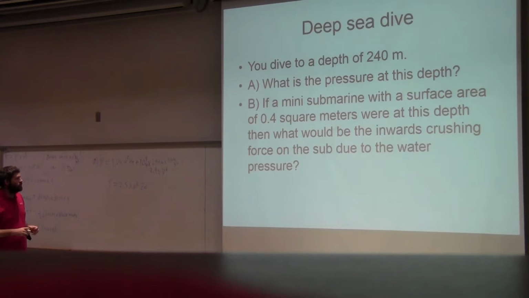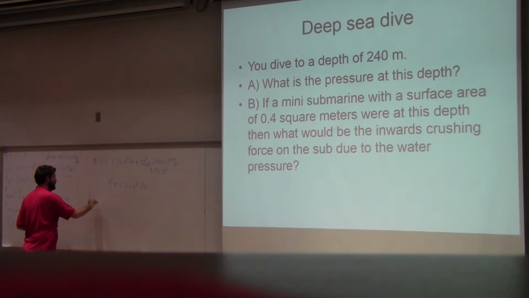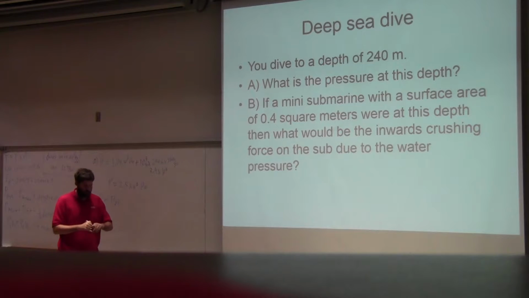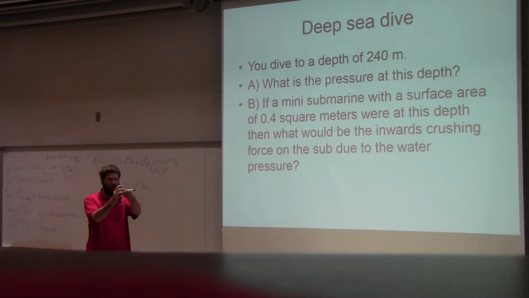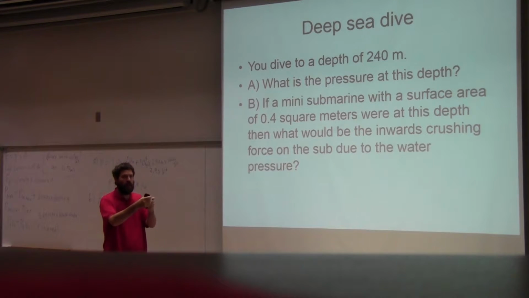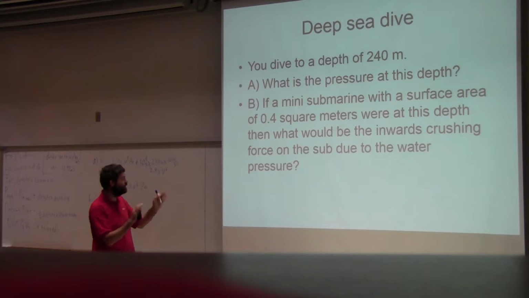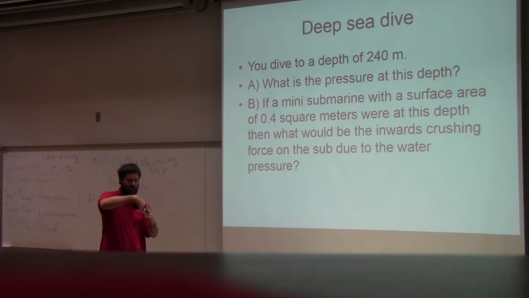All right, the force equals pressure times area. Now the reason why this is a crushing force is if I have some complicated object like this, the pressure pushes everywhere. Now if I look at the linear force, we're trying to move it side to side, the force here and the force here cancels. So those forces cancel each other out. Now the top force and the bottom force do not cancel each other out, but here we're kind of waving our hands over that. But you can imagine every place here, it's pushing inwards.